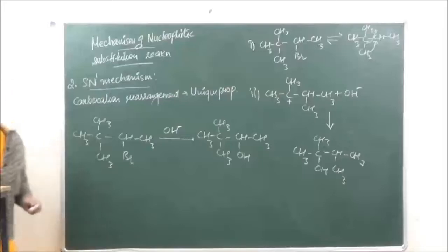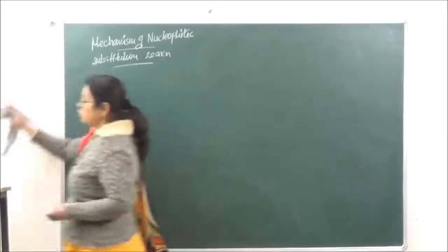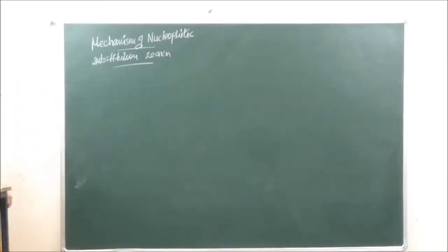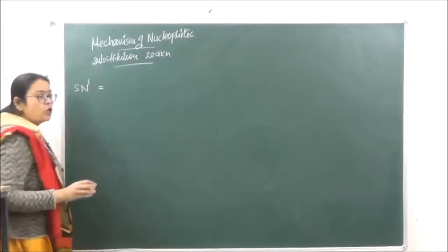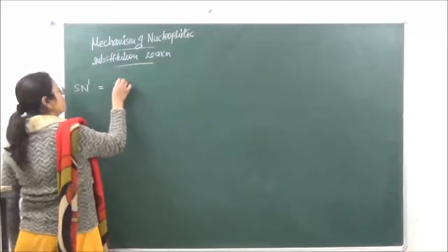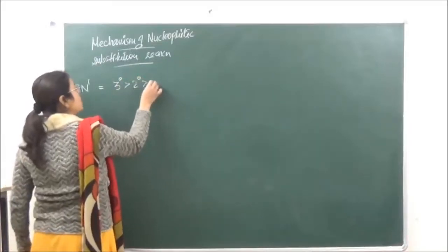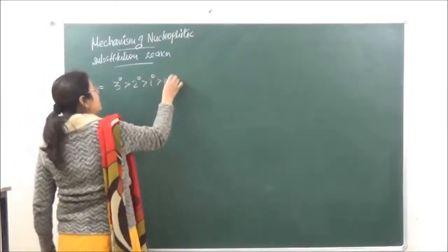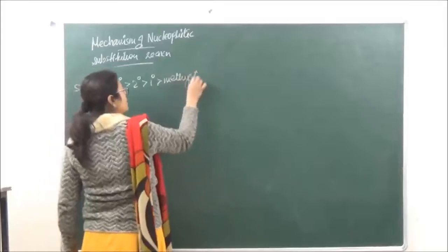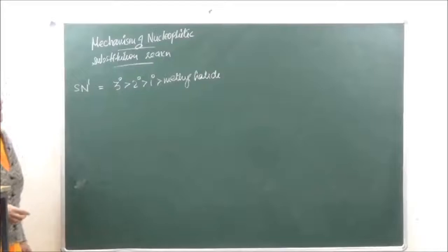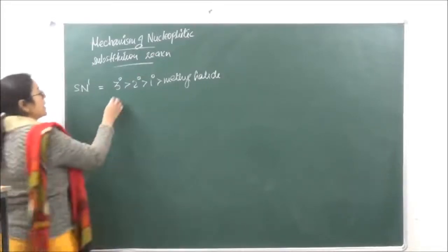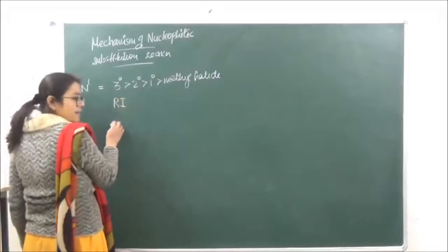So let's just summarize what we've done over here. When we're doing the SN1 mechanism, in case of SN1 mechanism, the order of reactivity is going to be 3 degree, 2 degree, 1 degree, methyl halide. ठीक है. However, when we are taking into consideration the halogens, then we have RI.